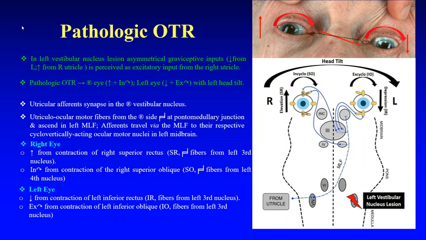So pathological OTR in this case results in the right eye being upper, that is elevated and intorted, and the left eye being down, that is depressed and extorted, with the leftward head tilt. All other pathways are identical except for the head tilt and the direction of the torsion.